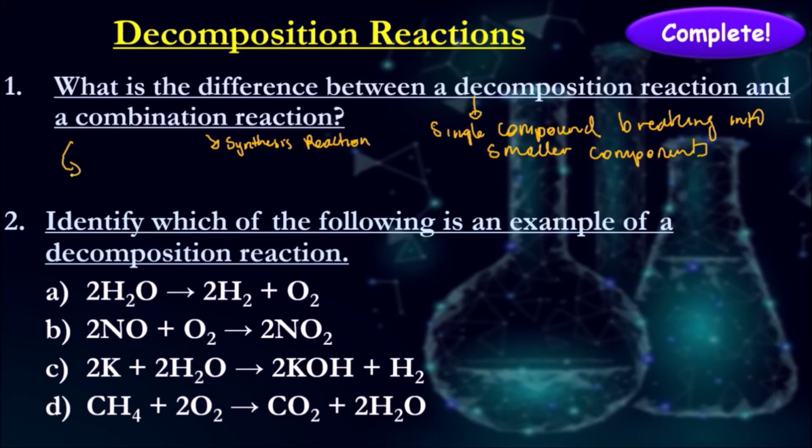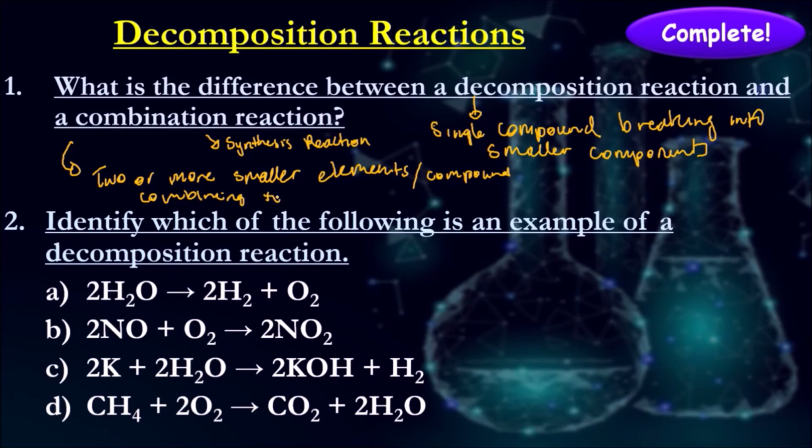With a combination reaction, you have two or more smaller substances, which could be elements or compounds, combining to form one larger substance, or compound or molecule, whichever word you like. Compound is probably the more correct term to use in this case.